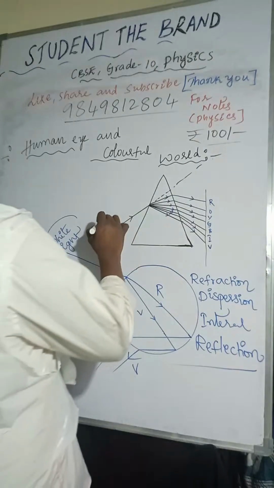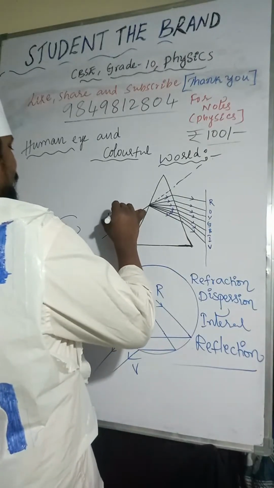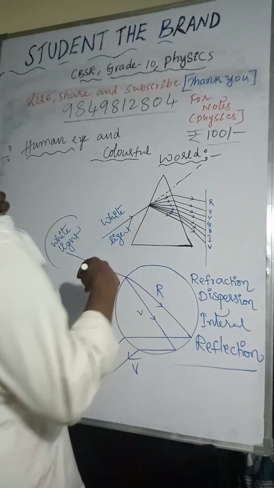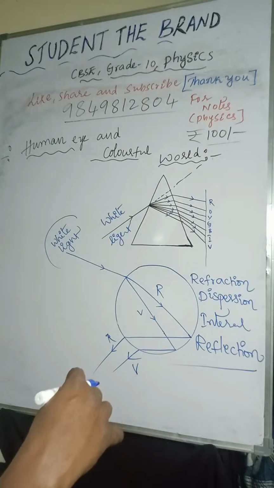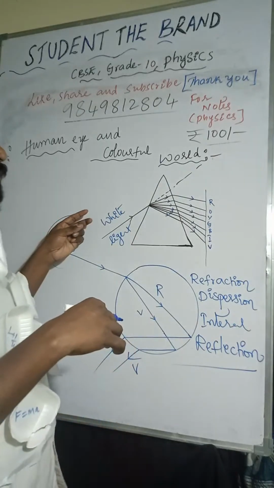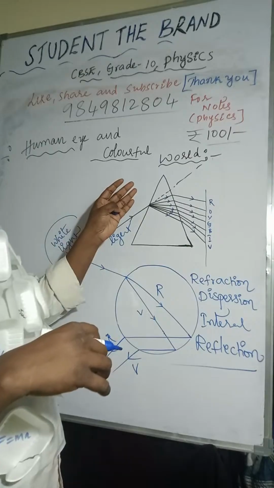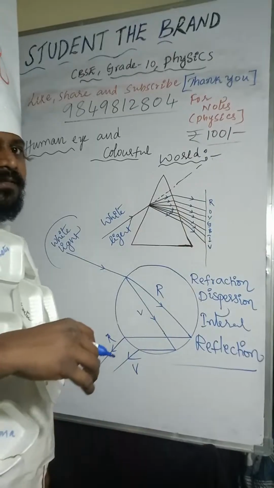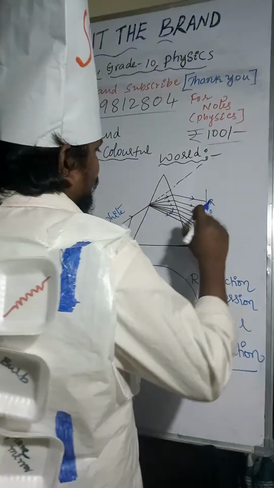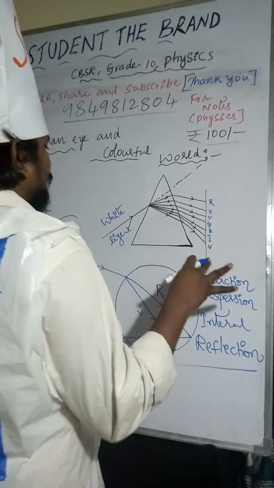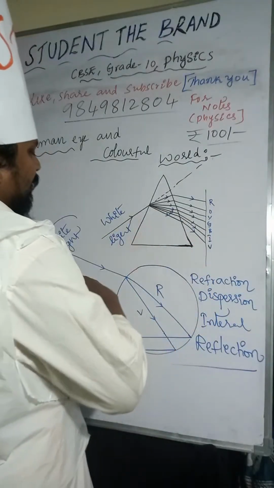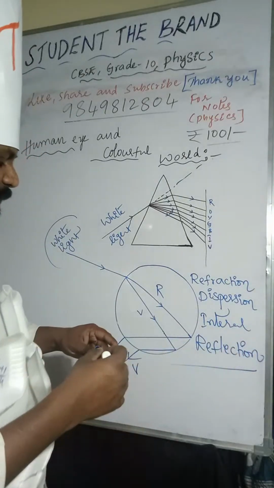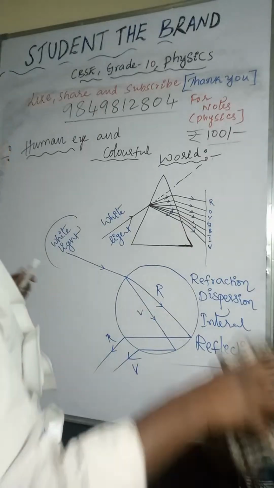So here, white light is passing through that. After dispersion, those colors will form a band on the screen. This phenomenon, splitting of white light into seven colors, is known as dispersion. So what is the phenomenon involved in the formation of a rainbow? Refraction, dispersion, internal reflection.